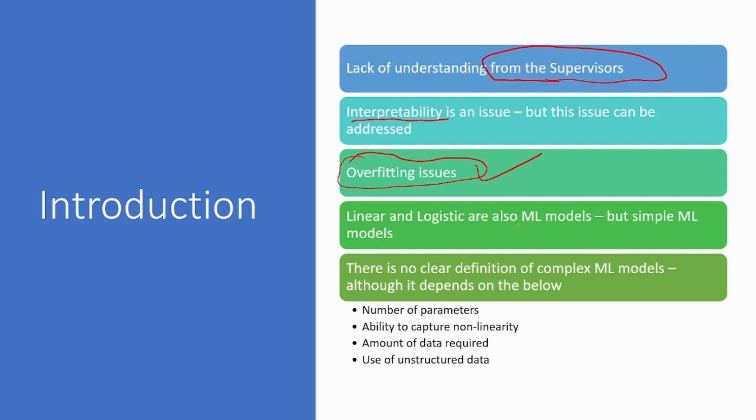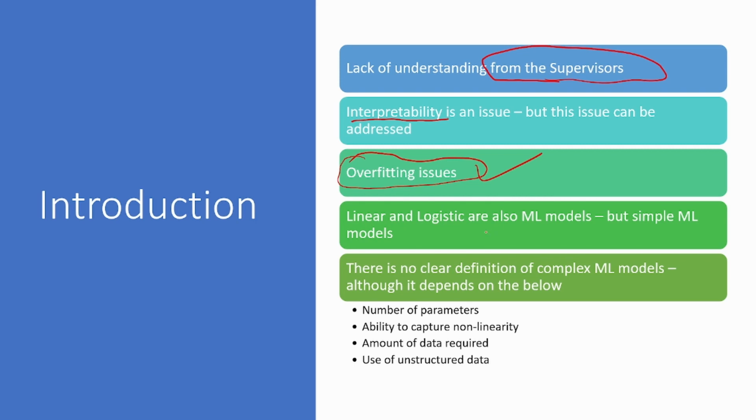Linear and logistic models are also ML models, by the way, but simple ML models. Linear regression and logistic regression, which are the traditional statistical models used in credit risk model development, are in principle ML models. However, these are simple ML models.